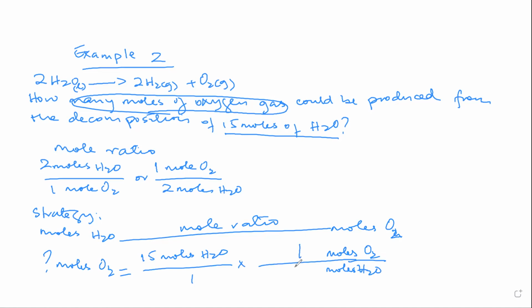We cross this out, and the answer will be 7.5 moles of oxygen. That's it. Easy. This is the easiest question you can get in stoichiometry.